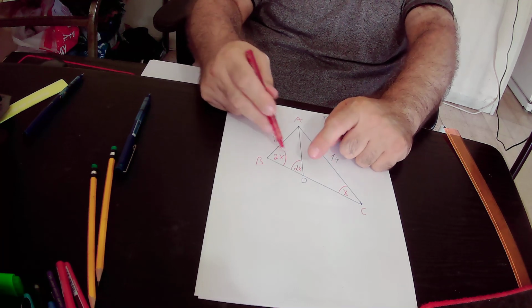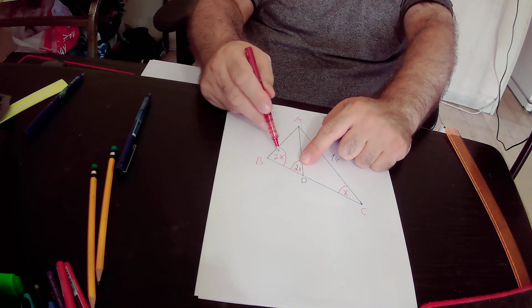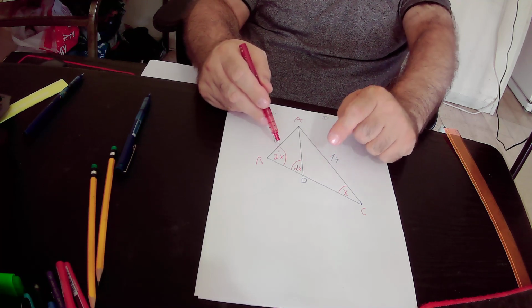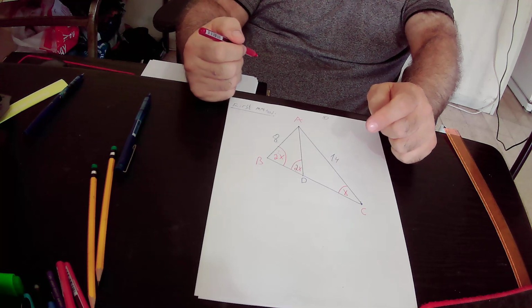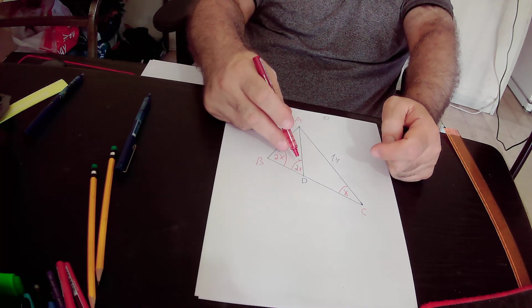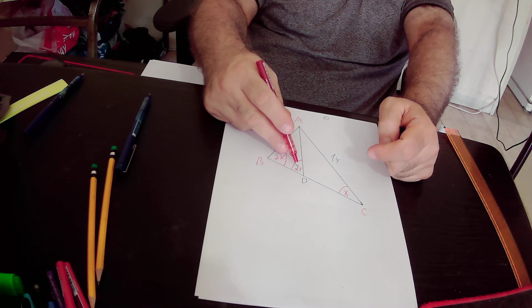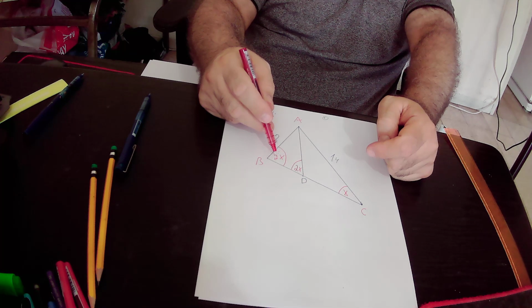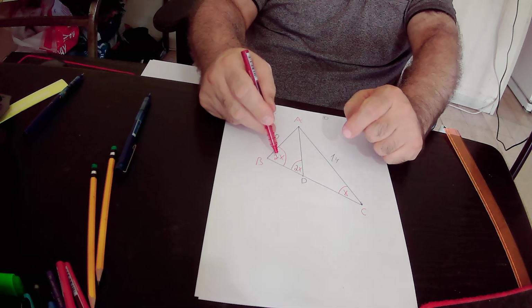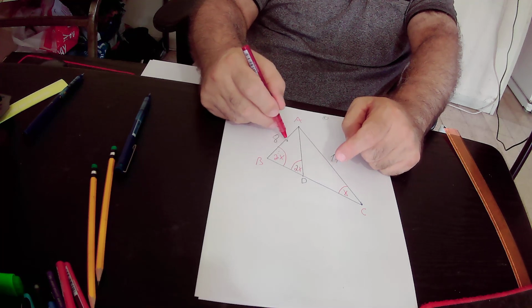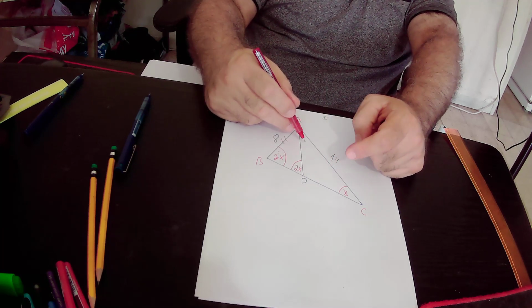They are equal to 2x. Therefore, according to rule number 1, AB, the side in front of angle 2x, will be equal to the side in front of this angle 2x, that is to say AD, or AB equals AD.